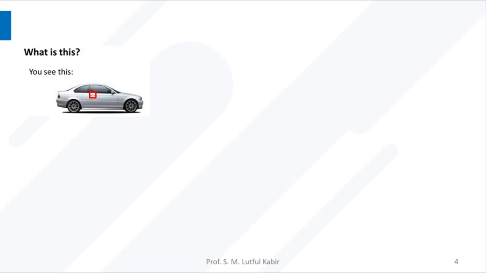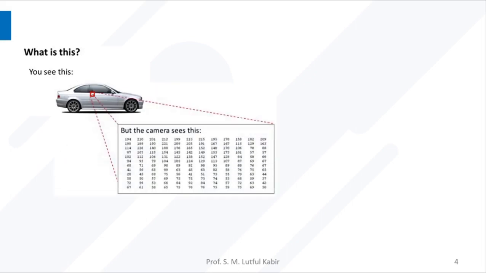It turns out that where you and I see a car, the computer sees this matrix, which is a grid of pixel intensity values that tell us the brightness of each pixel in the image. So the computer vision problem is to look at the matrix of pixel intensity values and tell us that these numbers represent the door handle of a car.